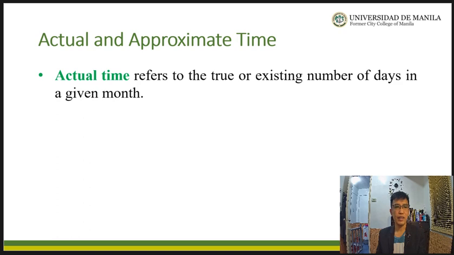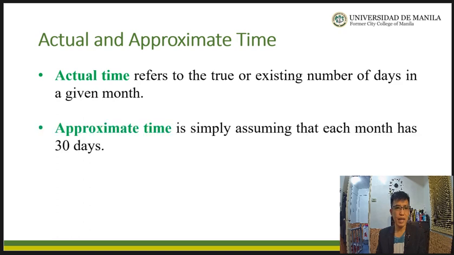That's actual time. While the approximate time, this is simply assuming that each month has 30 days. Okay? Regardless of the month. Basta sinabi dito that each month, regardless if leap year or common year, each month has 30 days. Okay?